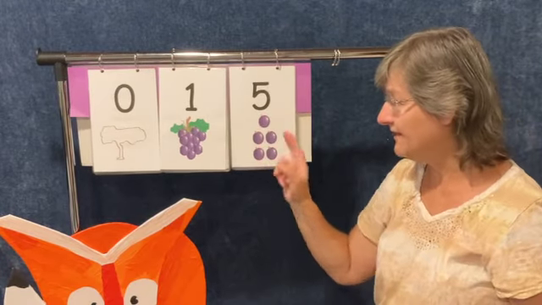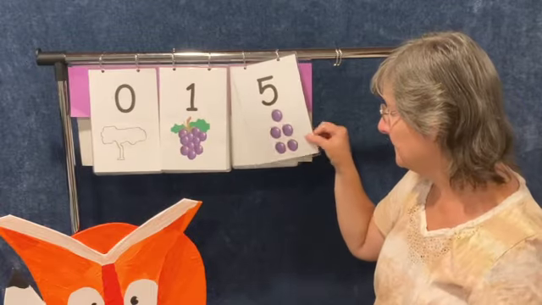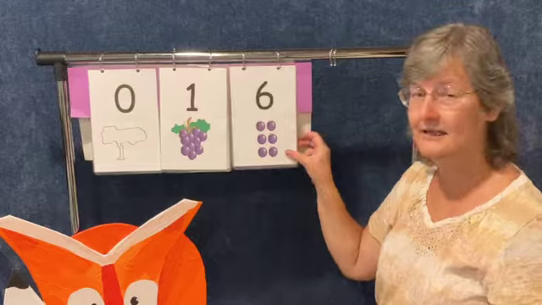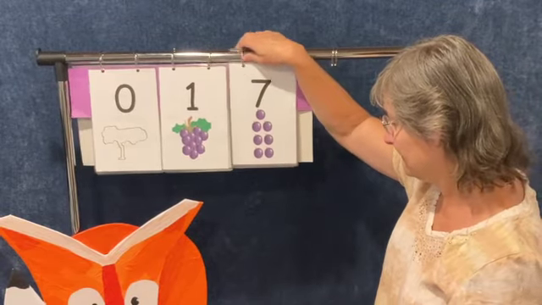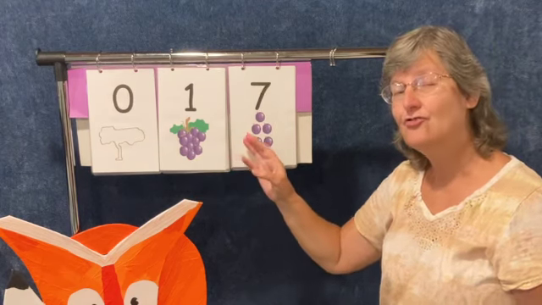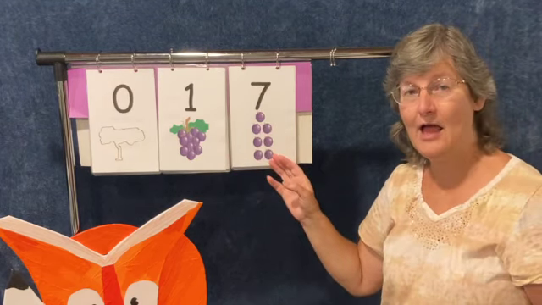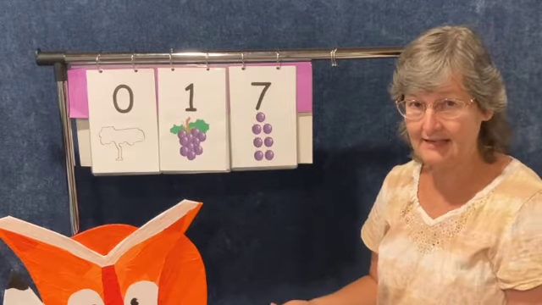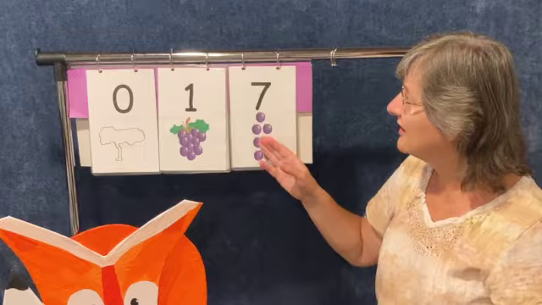So we have 15, 16, 17, and you really don't want to just get in the habit of being able to count 15, 16, 17, 18, 19. You want to understand the concept.